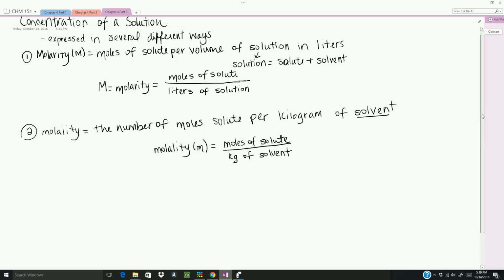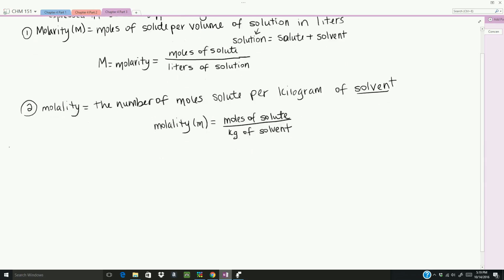Remember, right now I'm just showing you the different ways you can express concentration, and in the next video we'll start doing examples of calculating concentration. So don't get bogged down in this right now.